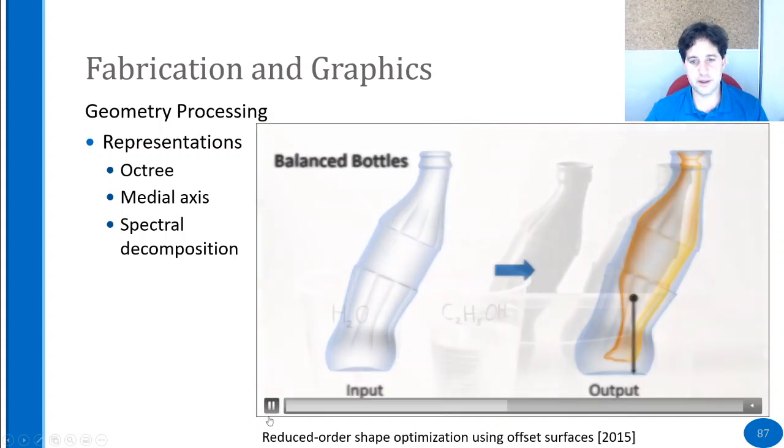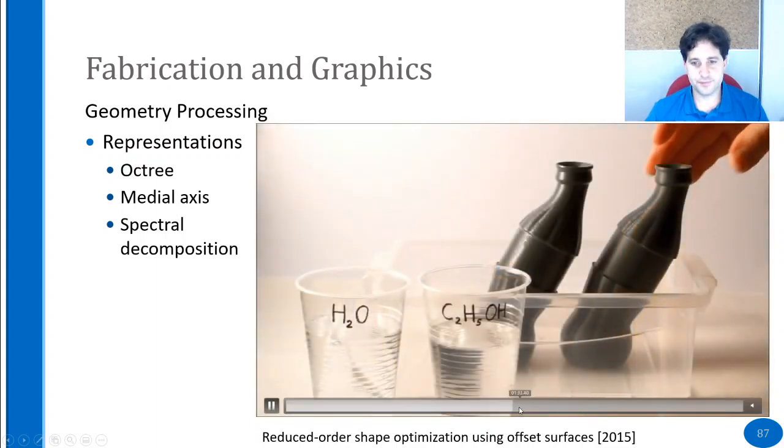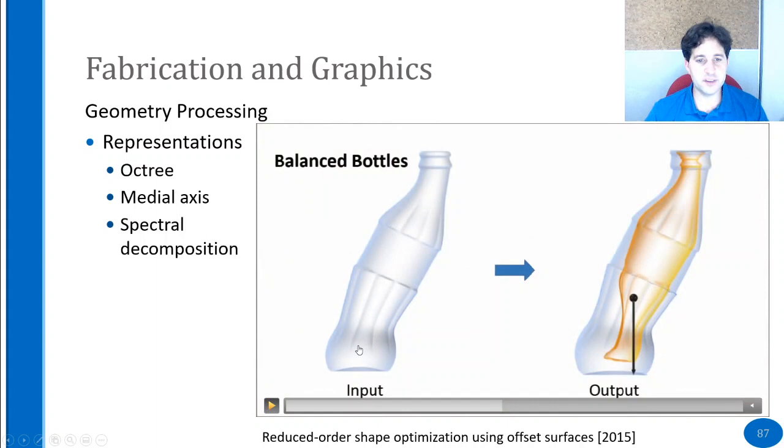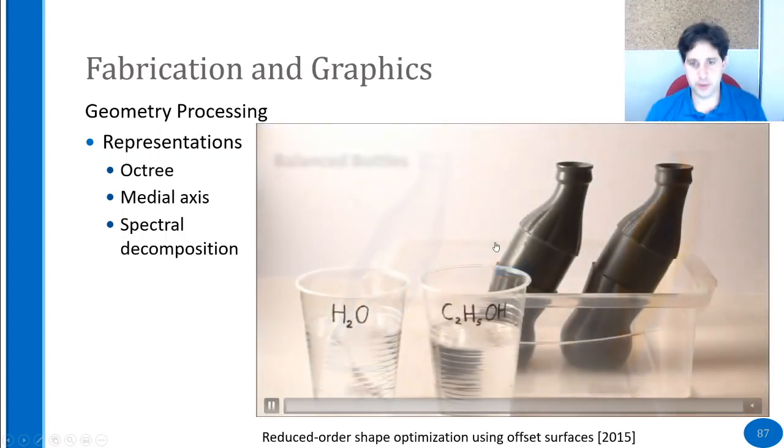And here's an example. So what we do is we deform the bottle just a little bit if we need to, and we also control thickness again only at lower frequencies in order to get the physical phenomena required.